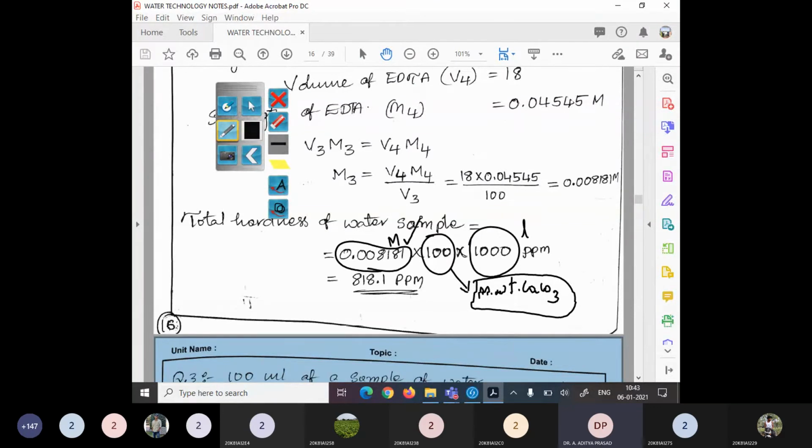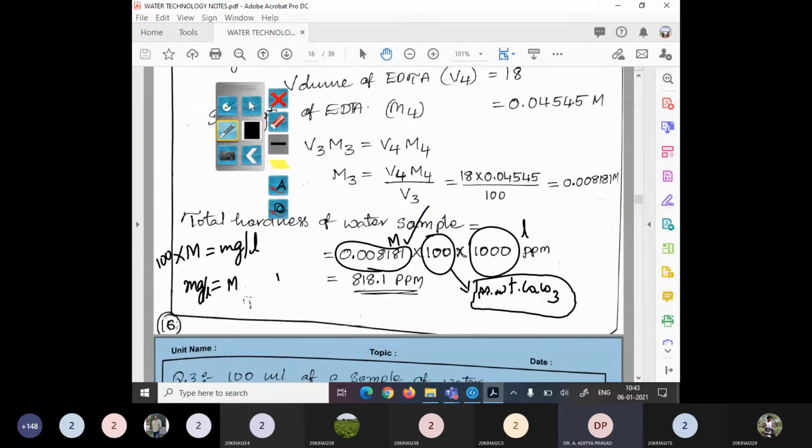We will be converting this molarity into milligram per liter. If you want to convert molarity into milligram per liter, we multiply the molarity with the 100. If you want to convert milligram per liter into molarity, what you do?